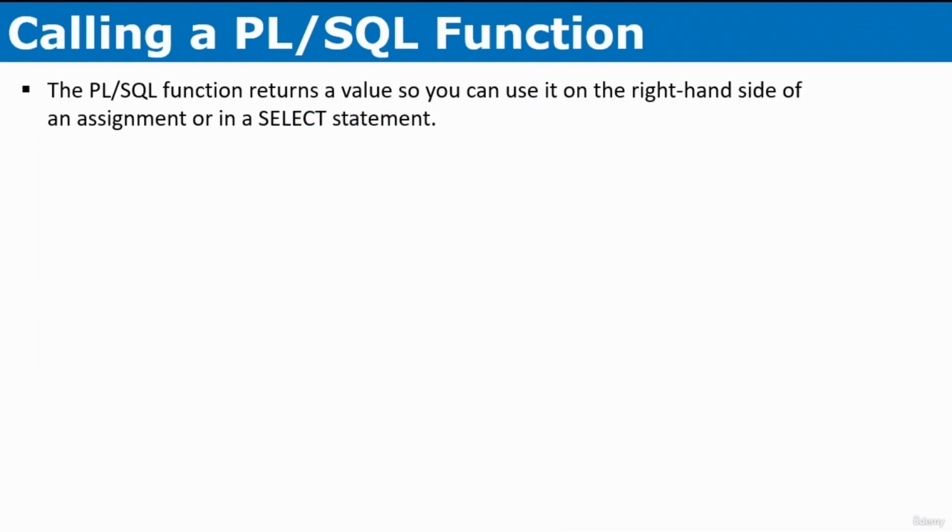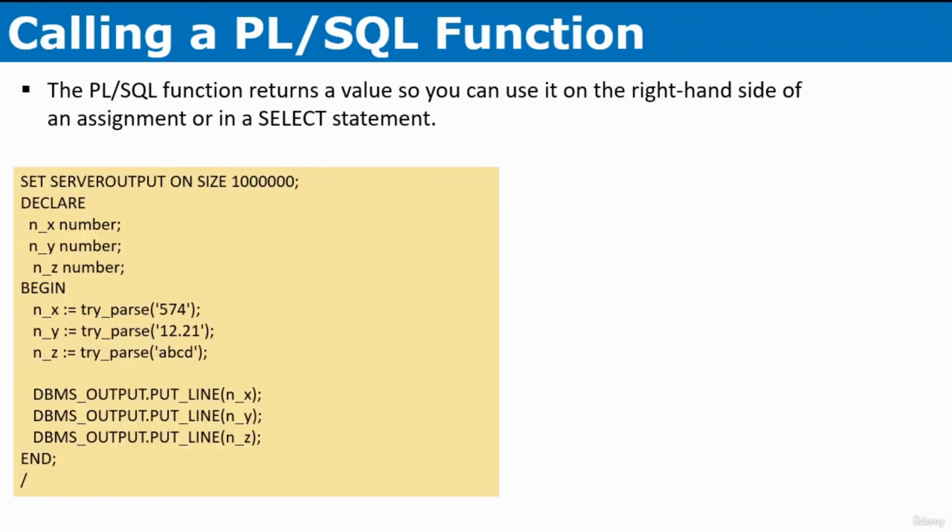The SQL function returns a value, so you can use it on the right-hand side of an assignment or in a select statement. I'm going to create an anonymous block to use the try_parse function.